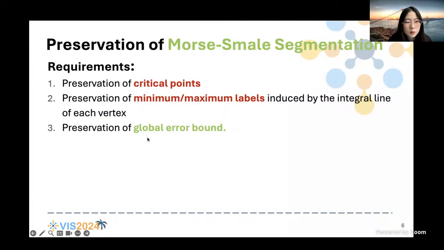After this, we need to preserve the minimum and maximum labels induced by the integral line of each vertex. And the last one is the preservation of the global error bound, because we're going to modify the decompressed data. So we need to guarantee that the modified decompressed data is still bounded by the global error bound.